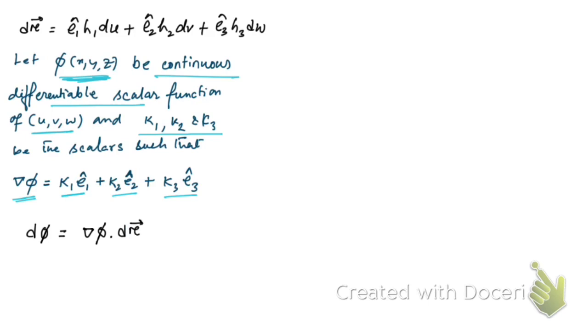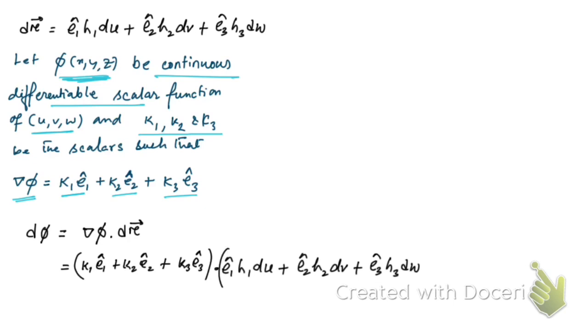Now you see what we have got, grad phi is equal to k1 e1 cap plus k2 e2 cap plus k3 e3 cap dot dr. Dr is this one.